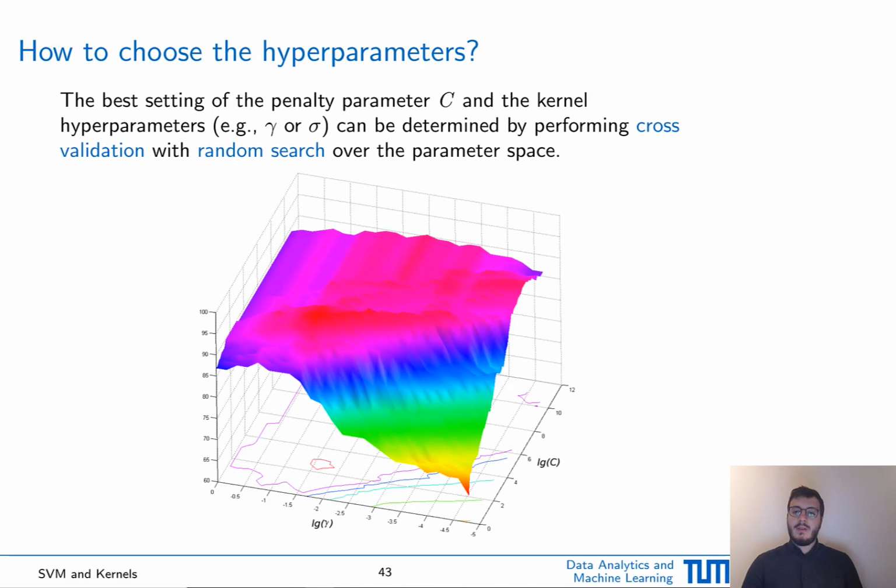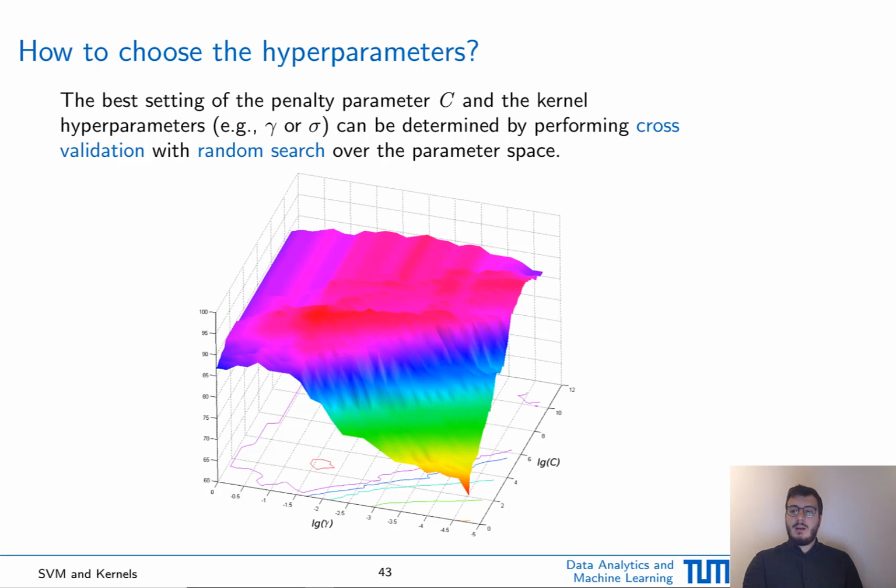The idea basically is that we take the training data and we split it into training, validation, and test set. We leave out the test set for the end. We don't touch it until we've found the hyperparameters, and then we simply train the classifier on the training set and evaluate it on the validation set. And then we repeat this for all possible values of the hyperparameters, or for a randomly chosen subset of the hyperparameters.